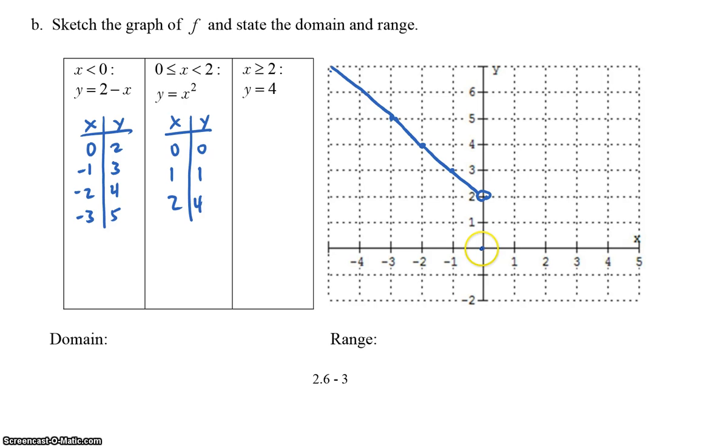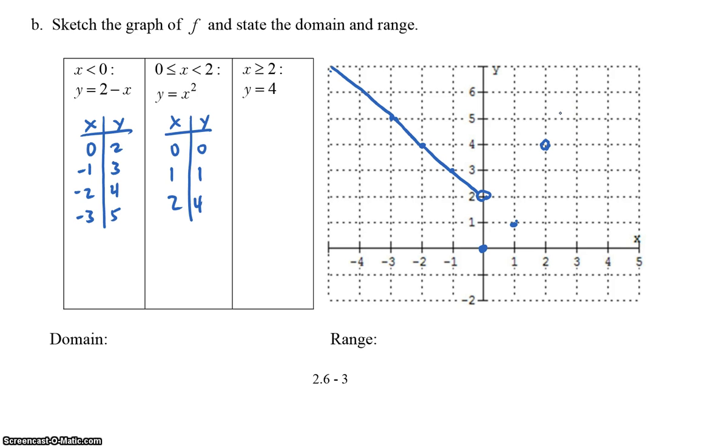So 0, 0. Now this point is on the graph, so we use a solid point there. It's greater than or equal to 0. So we use a solid point. Then 1, 1. And then 2, 4. And at 2, 4, we'll use an open point, an open circle, because technically x is less than 2 but not equal to 2.